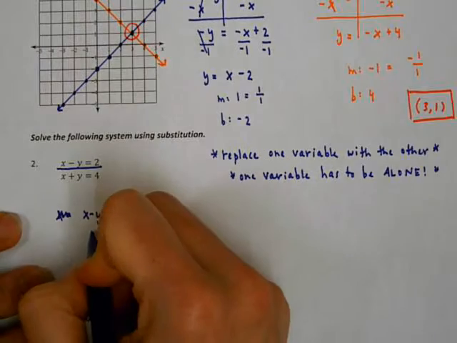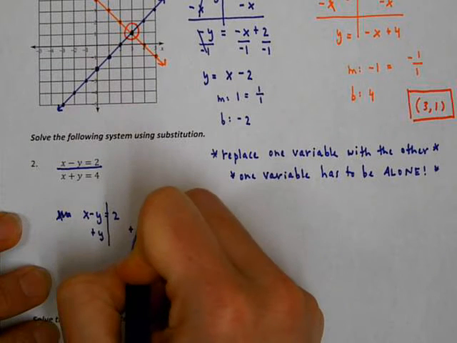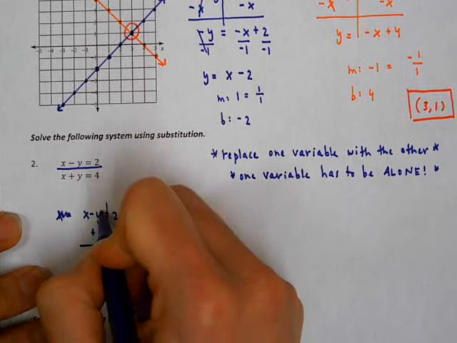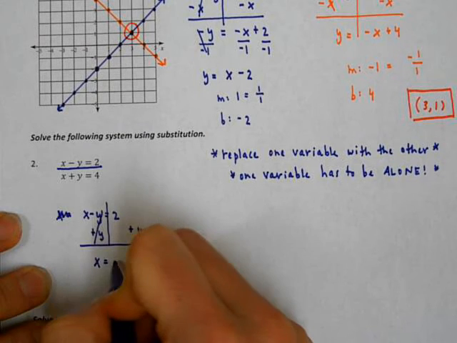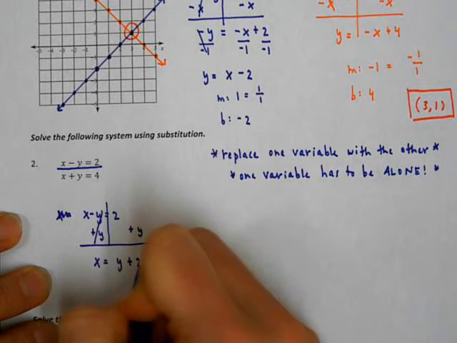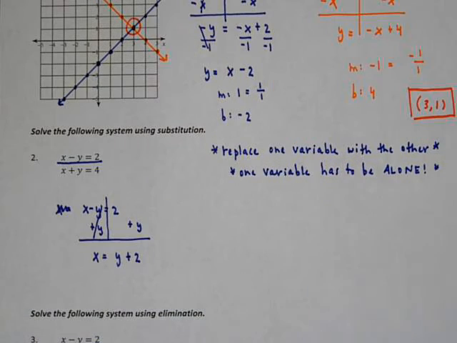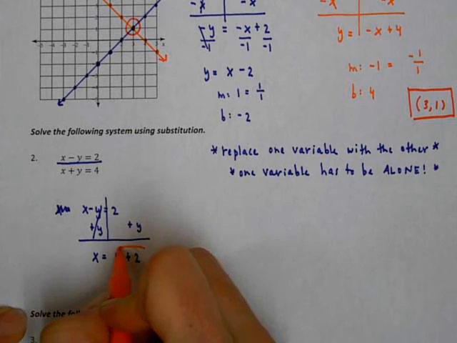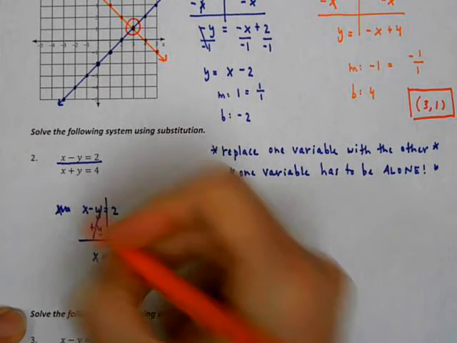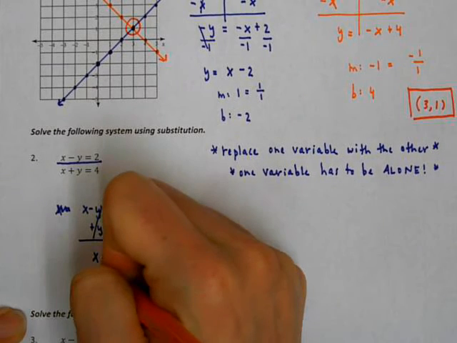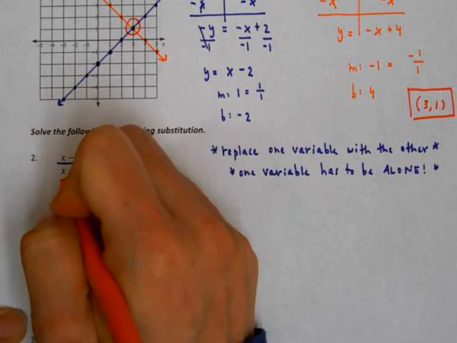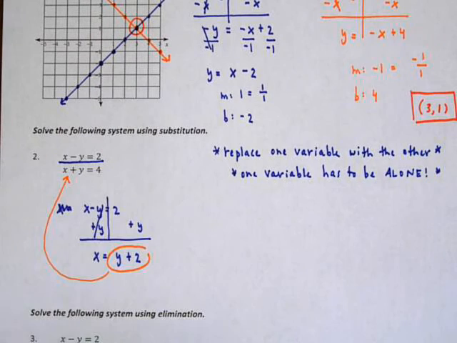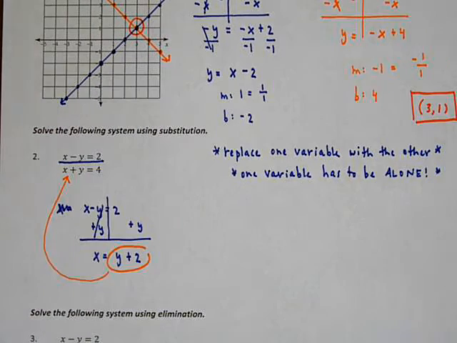So I'm going to add y to both sides, and then I get x equals y plus 2. So now I can start doing my substitution. I'm going to take what x is equal to, which is y plus 2, and in my other equation, I'm going to replace x with y plus 2.